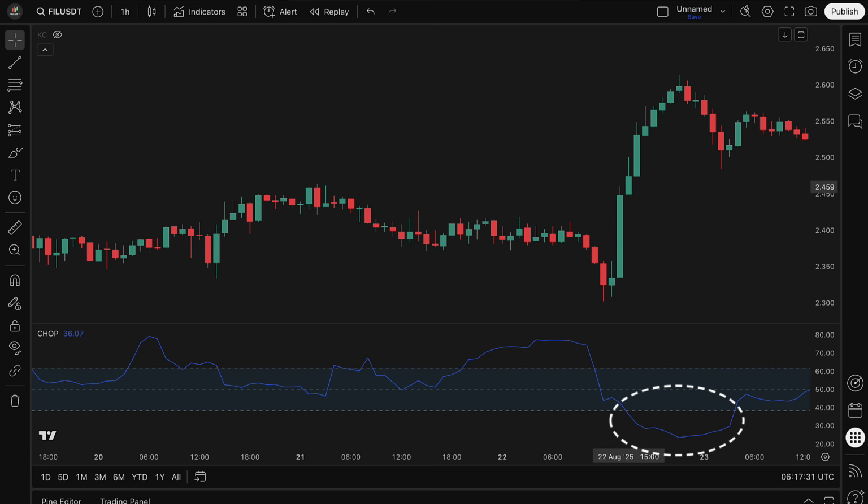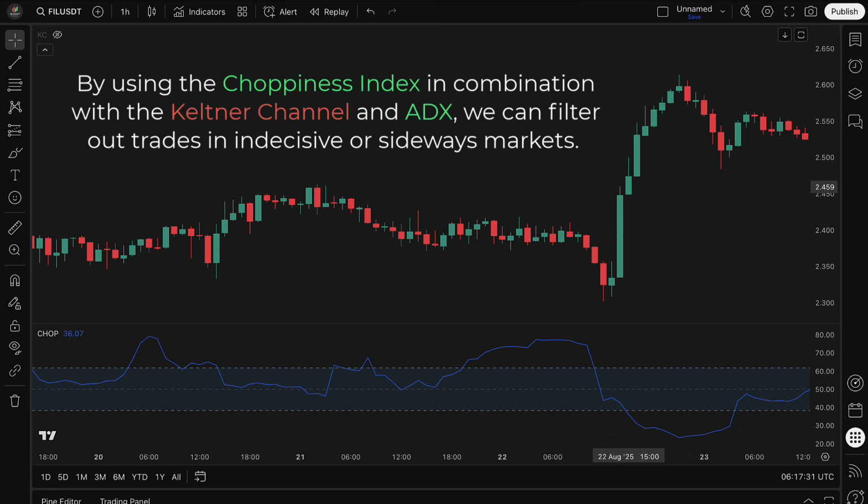A CHOP value below 40 suggests that the market is trending, either upward or downward, making it a better environment for trend-following strategies like the Keltner channel. By using the Choppiness Index in combination with the Keltner channel and ADX, we can filter out trades in indecisive or sideways markets.